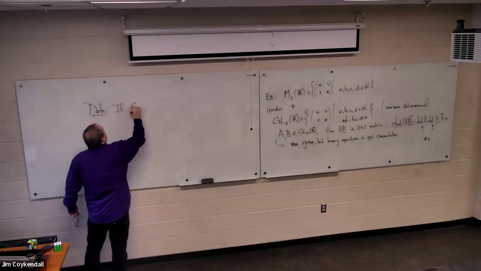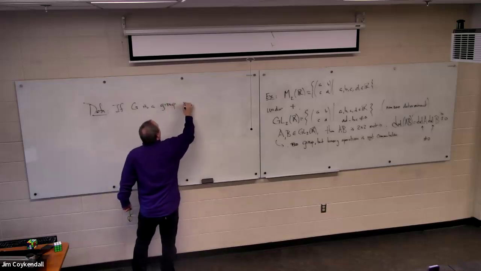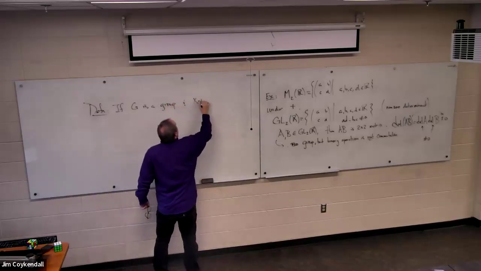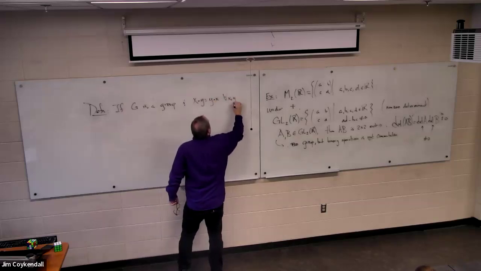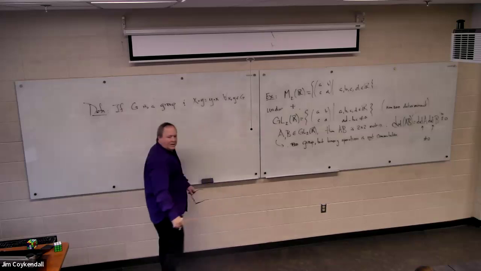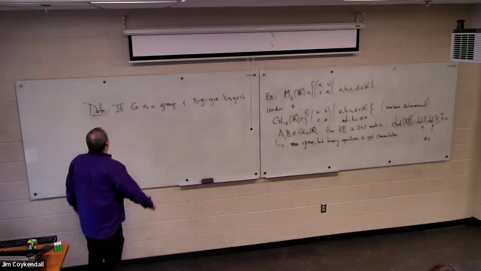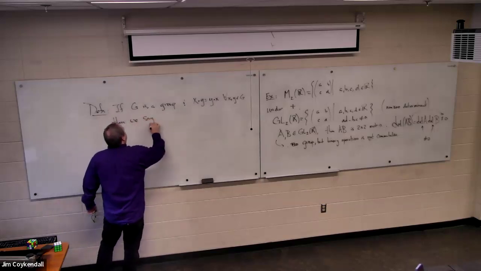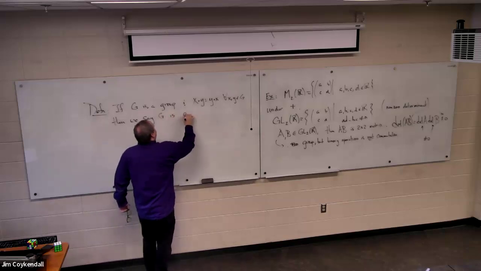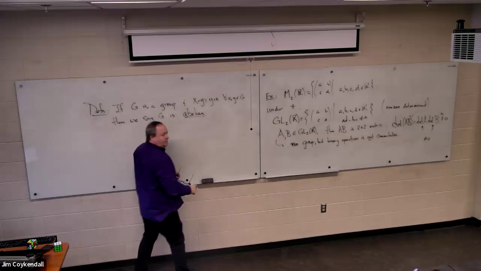If G is a group and XY equals YX, that is, if the binary operation is commutative, then we say G is abelian.